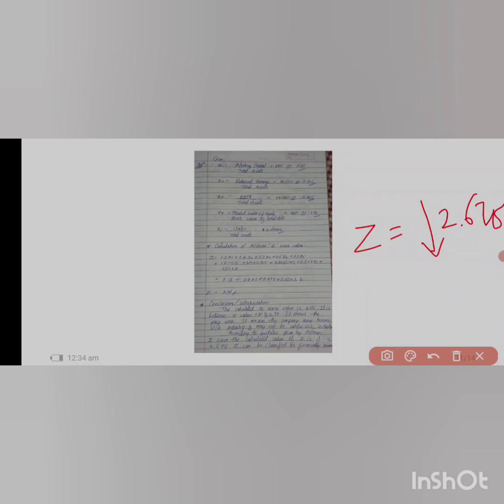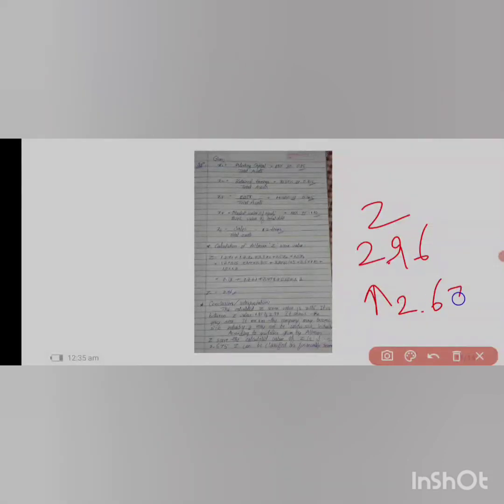Okay, say for example, if it is 1.86, that time what we can say, that the company is heading towards bankruptcy because the value is less than 2.675. But here the case is different. The z value is 2.96, which is above 2.675, that's why we can say the company is financially sound.